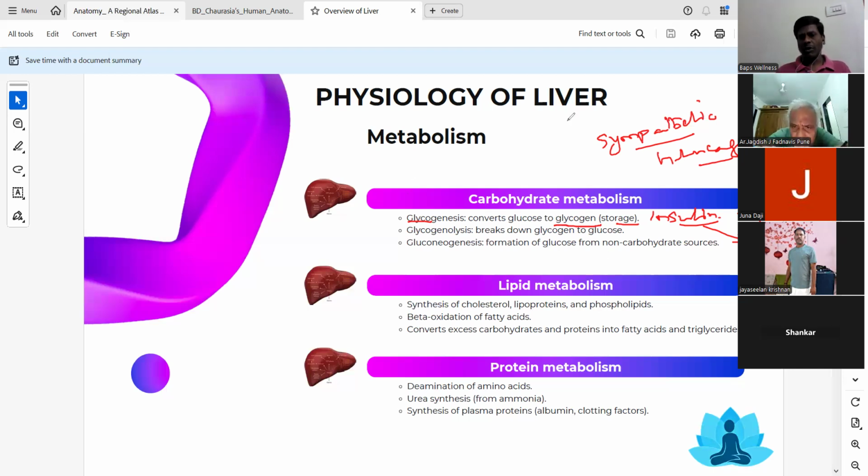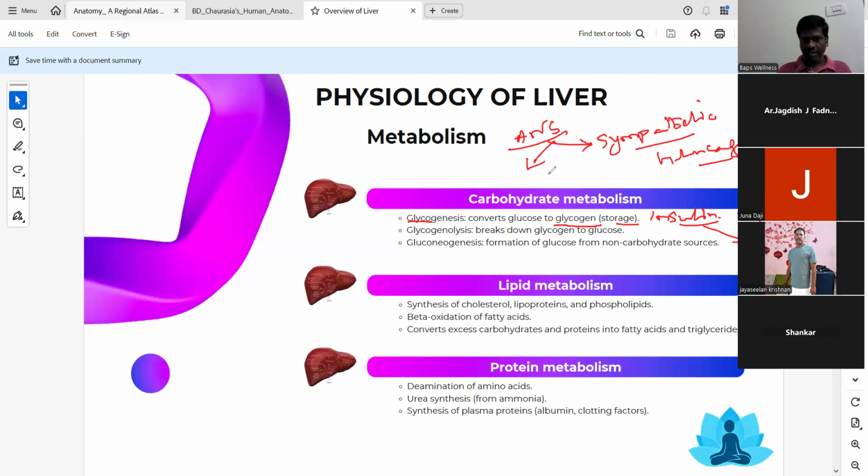So the autonomic nervous system, ANS, has sympathetic and parasympathetic nervous systems. The parasympathetic is this one, that is glucose to glycogen.